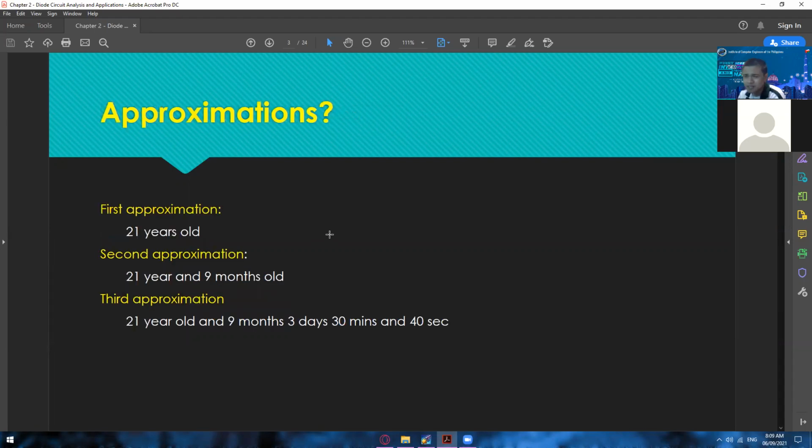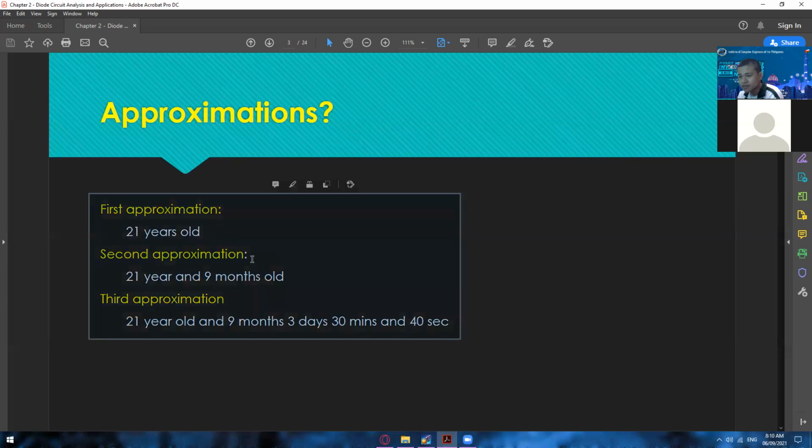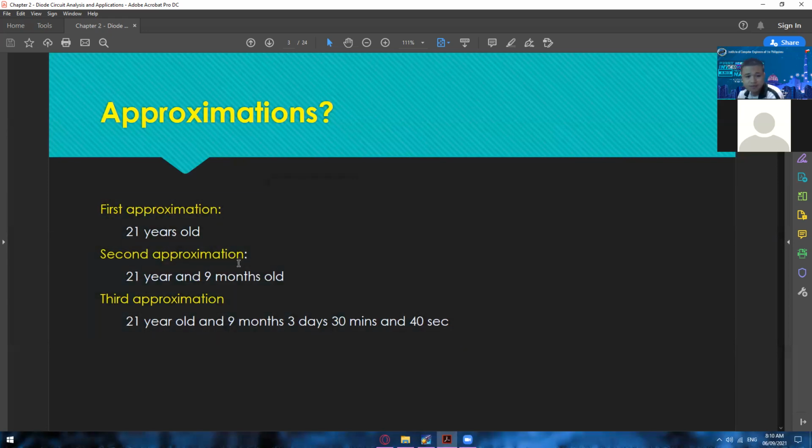Well, anyway, let's have another example. What are those approximations? If someone asks you, how old are you? You could just say, I'm 21 years old. This is the general or normal answer. But if you want to be more precise, to add more information, you can answer with the second approximation. You could say, I'm 21 years and 9 months old.